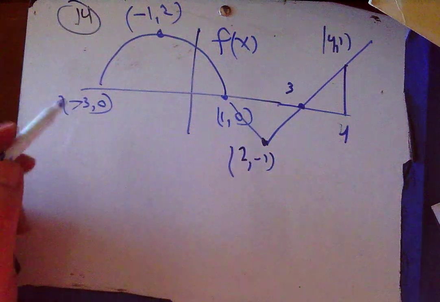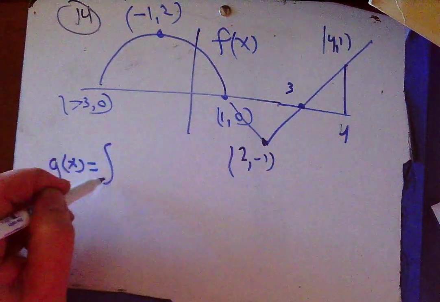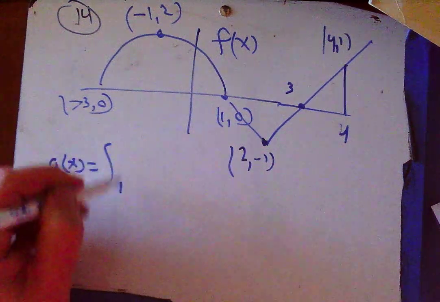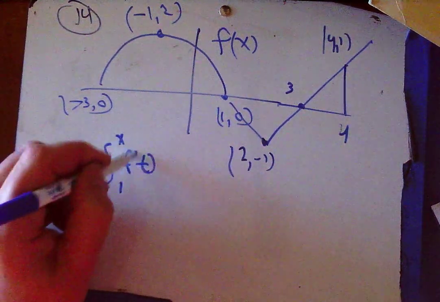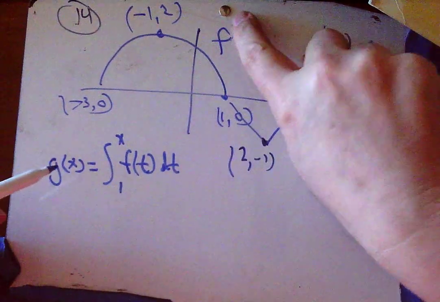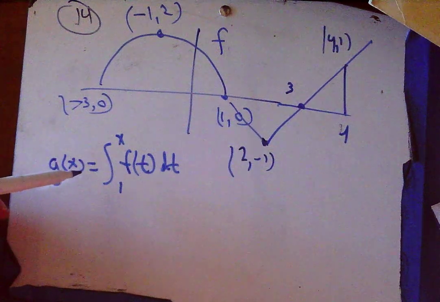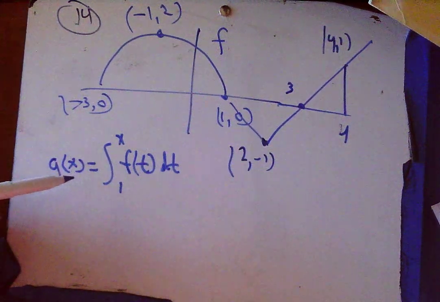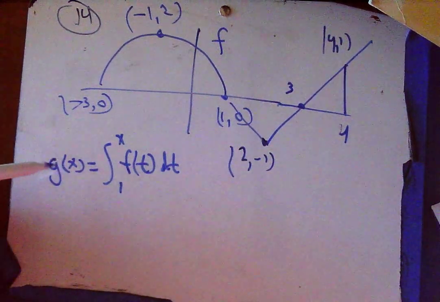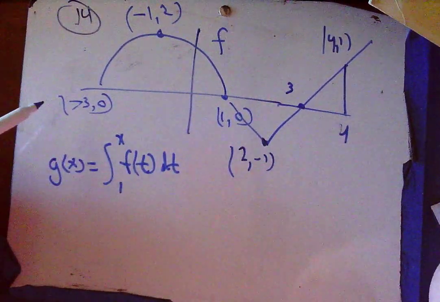And we're told here if g of x is the integral from 1 to x of f of t dt, then find g of 1, g prime of 1, g double prime of 1. Well, so what am I looking at here? What is the relationship between g and f?